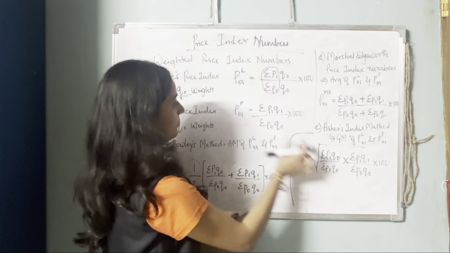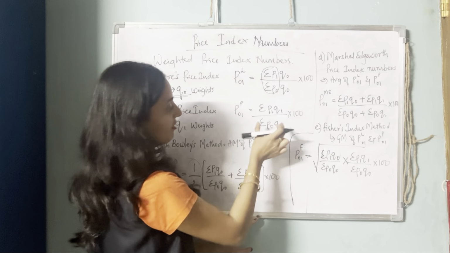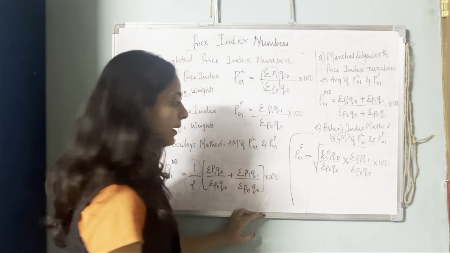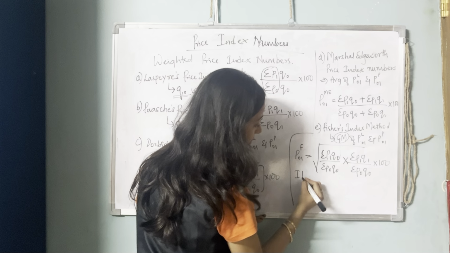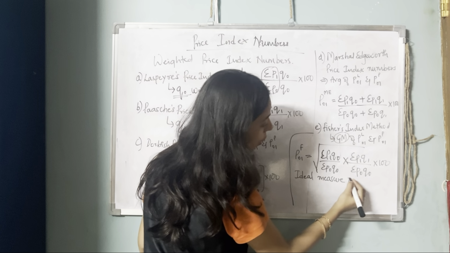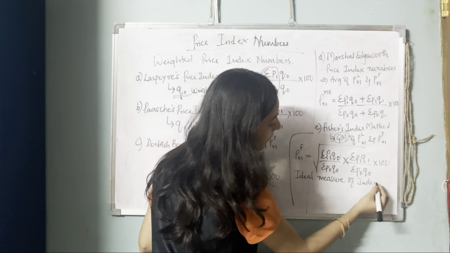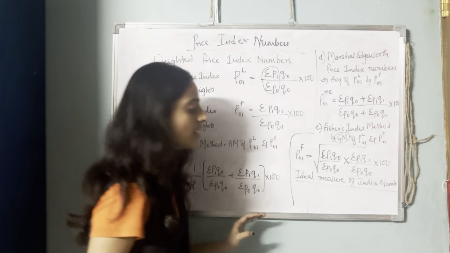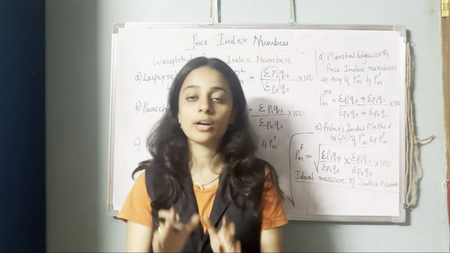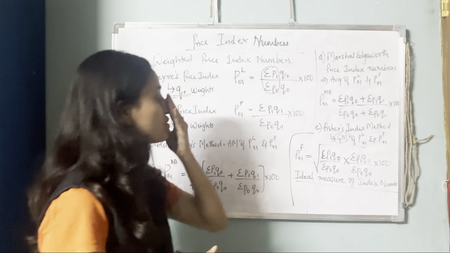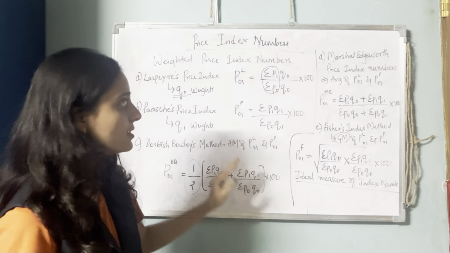Same thing again from Laspeyres' and from Paasche's, but in a root because it considers the geometric mean. And Fisher's index number is one of the ideal measures of index numbers. Very important. This is usually asked for 2 marks. Fisher's index number is one of the ideal measures of index numbers. So, very simple formulas.